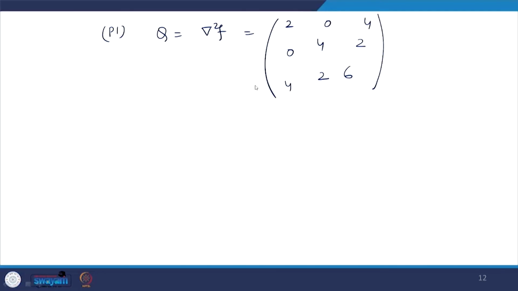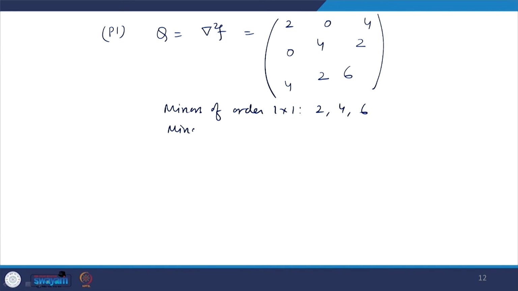Now, it is symmetric, and we have to just show that this Q is a positive semi-definite matrix. So, find the minors of this Q. Minors of order 1 cross 1 are simply 2, 4, 6.